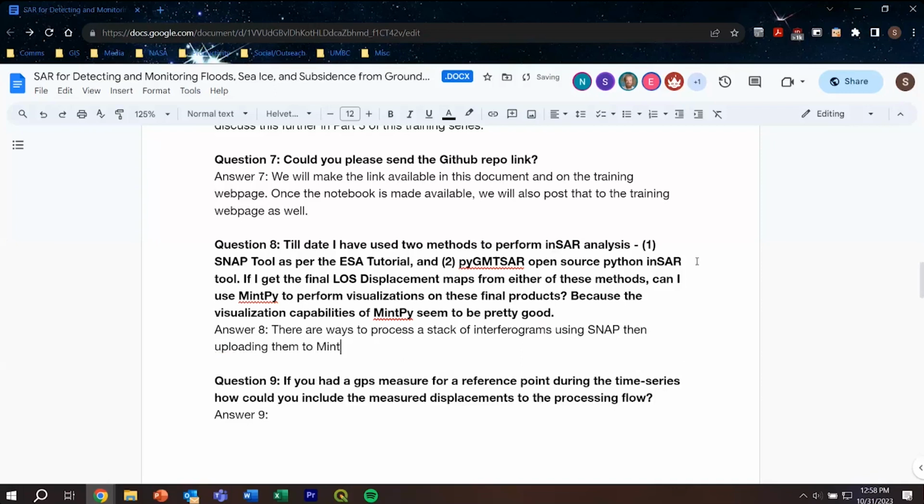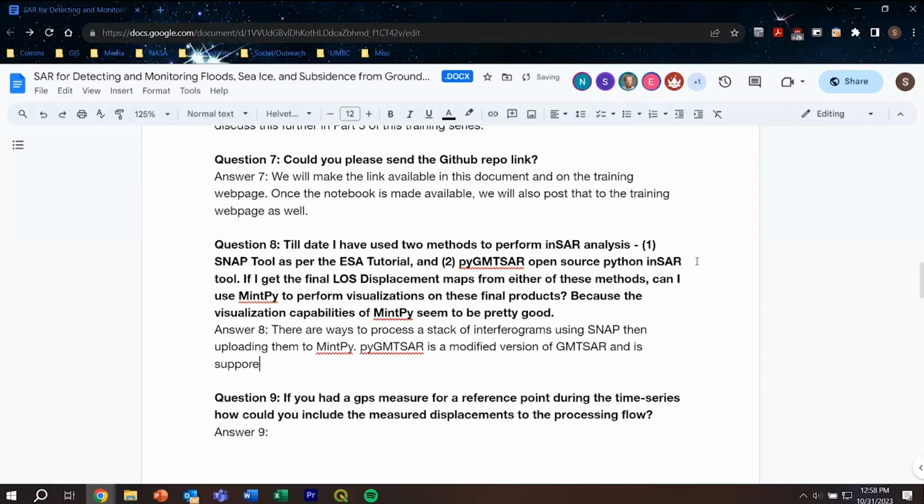PyGMT-SAR is a modified version of a software package called GMT-SAR. The original GMT-SAR package is supported by MintPy.